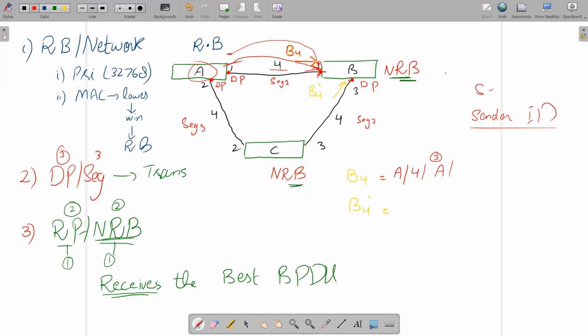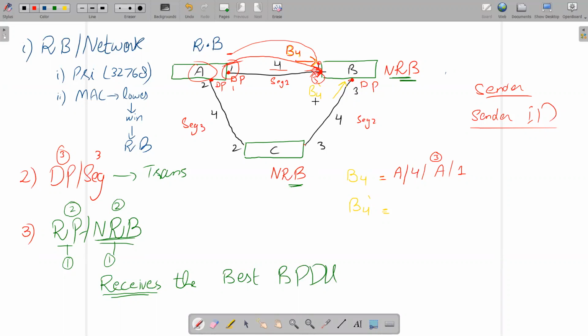And then the fourth, the sender port ID. Again, you need to mention the information about the sender, and by which port he is sending you. By port number 1. It is not necessary that both ports be the same. There might be port number 1, there might be port number 5. So you won't be writing this port, because the fourth field is the sender port number. That's how we write B4.